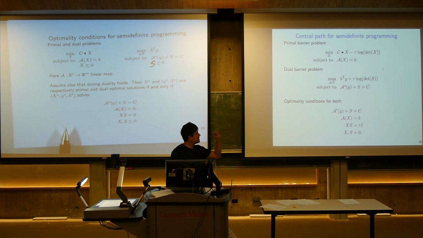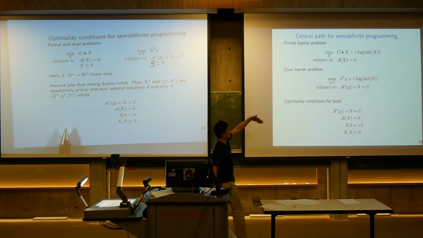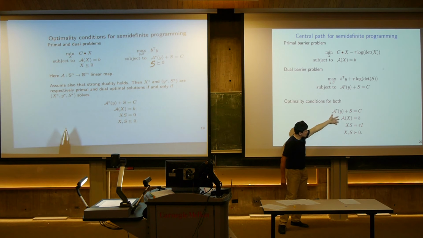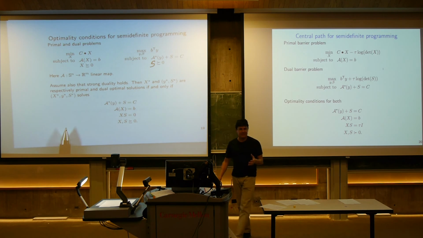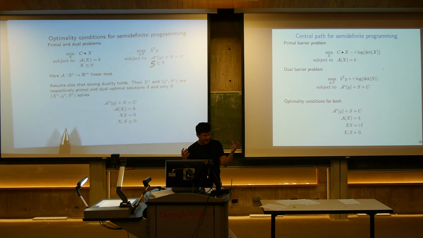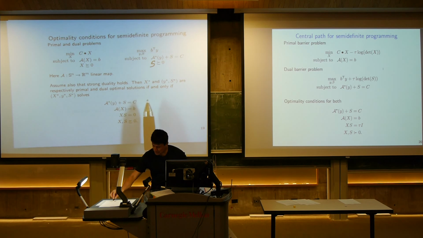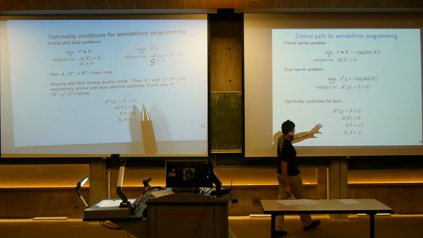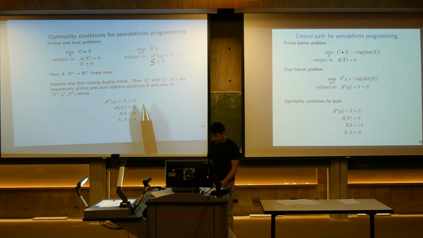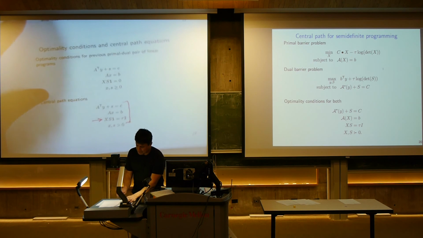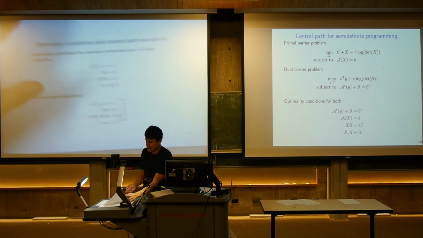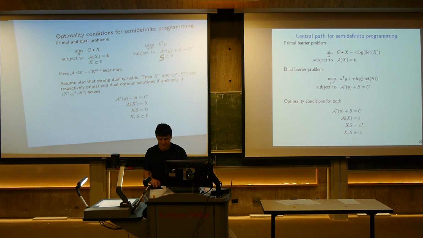Then we have a primal barrier problem and a dual barrier problem, and the optimality conditions for both are like this. You see how this is a very cool analogy to what happened in the linear programming case? So think about the correspondence between these equations and these equations. That is very analogous to what happened before in linear programming. It's a very similar kind of analogy.